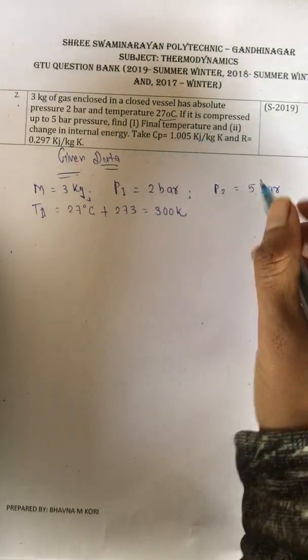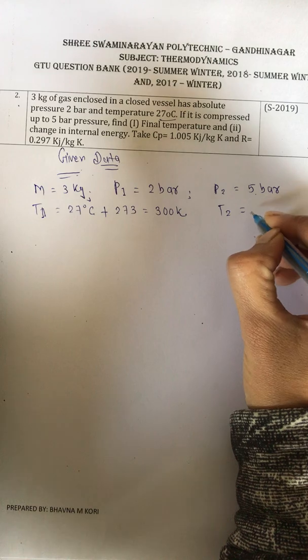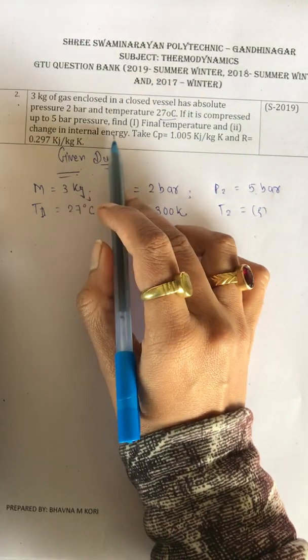Find final temperature, that means we have to find the value of T2. Then change in internal energy.